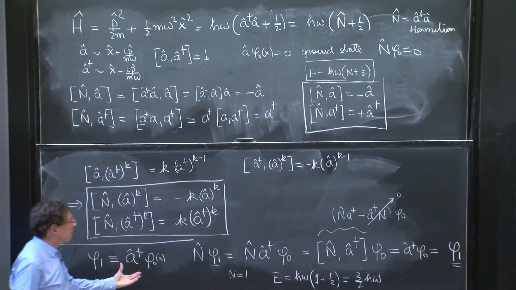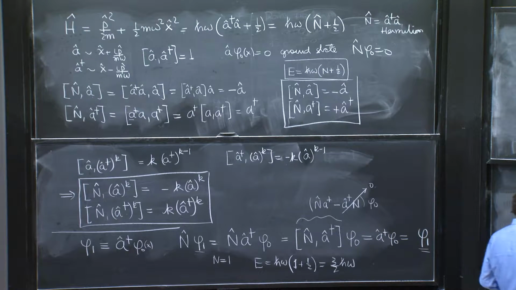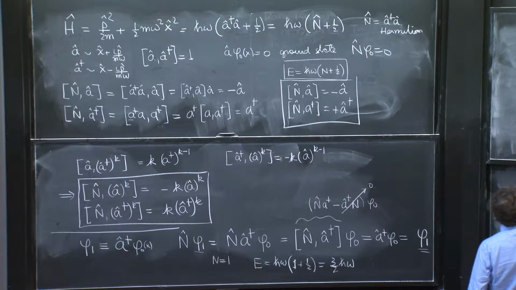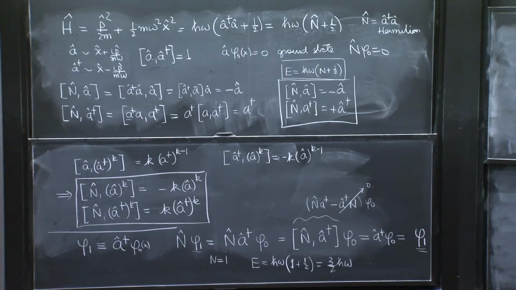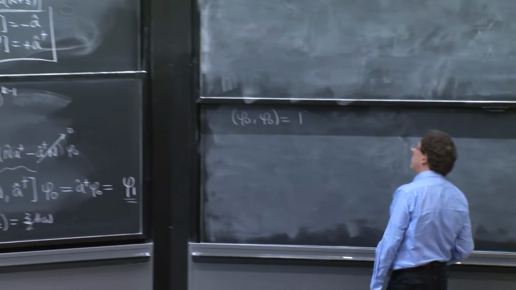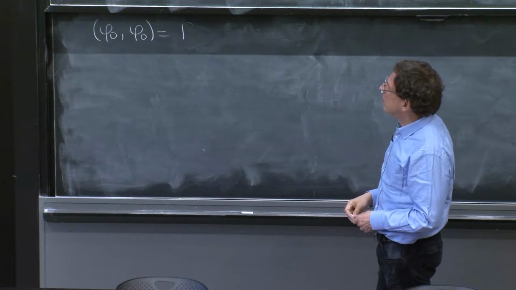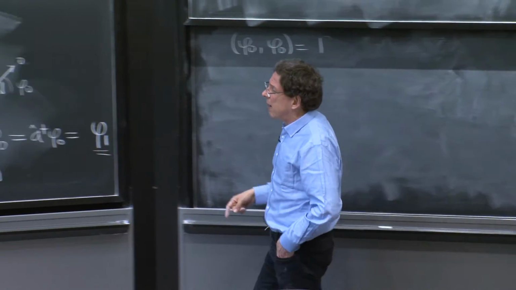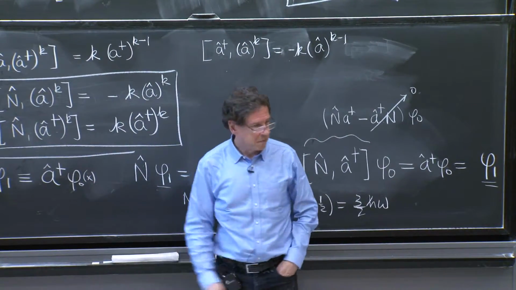It's a very closed form expression. Now, phi 0 was defined, the ground state, such that it's a normalized state. This means the integral of phi 0 multiplied with phi 0 over x is 1. That's how we had the ground state. You could ask, if I define phi 1 this way, is it normalized?